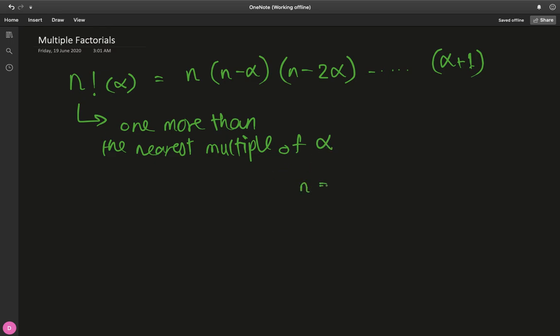So n can basically be represented as k alpha plus 1, where k is any integer. That's what one more than a multiple means by definition.